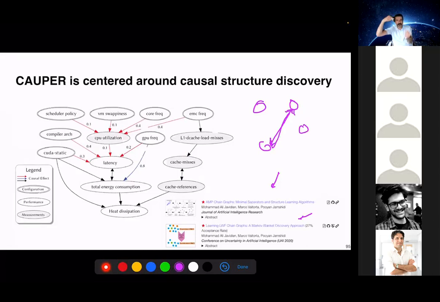And do this with some constraints. And we know that the key challenge is scalability. When we have many variables, this doesn't scale if done exhaustively for all pairs, because we have a massive number of statistical tests to run.